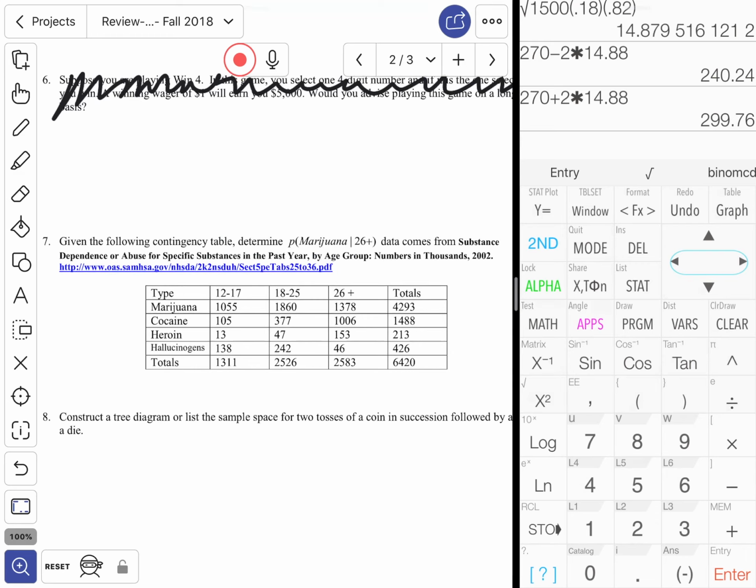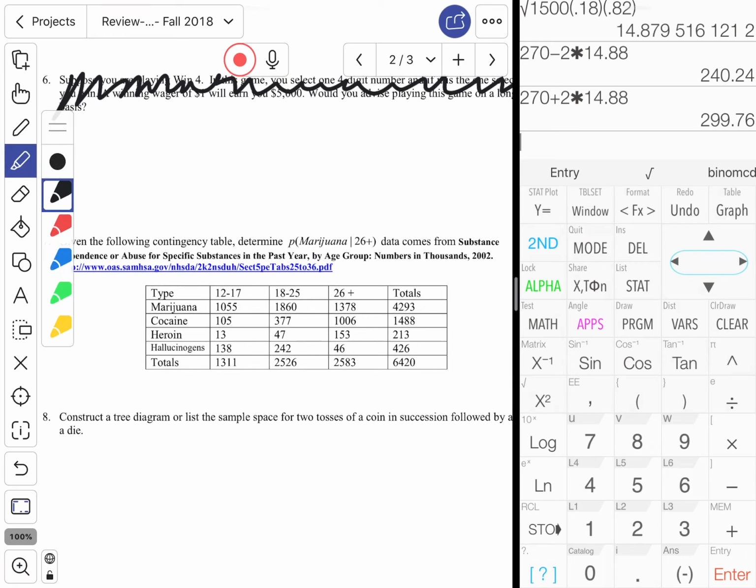Number 7, we want to know the probability of a person being in the marijuana category, given that they're in the 26 or older category. So our given is 26 or older, so that puts us in this column of the table, and all I care about are the marijuana users in that column.